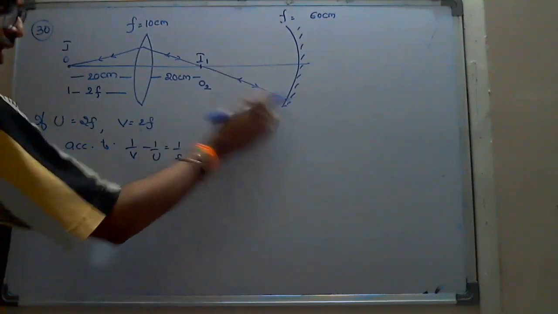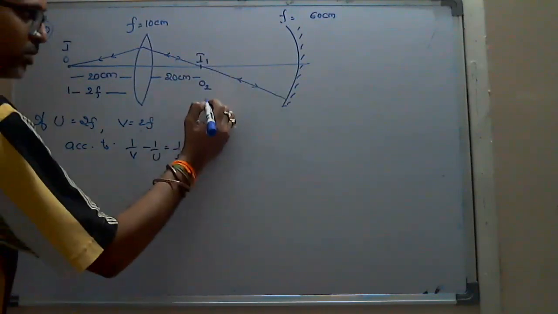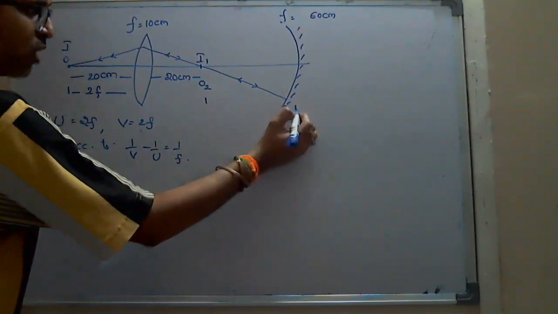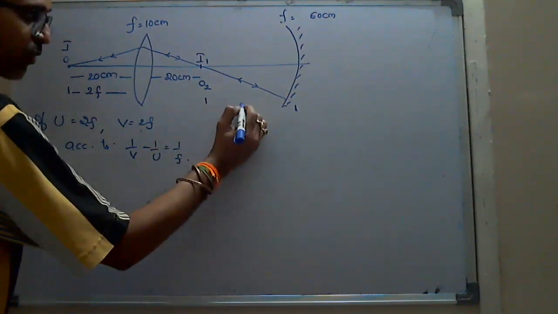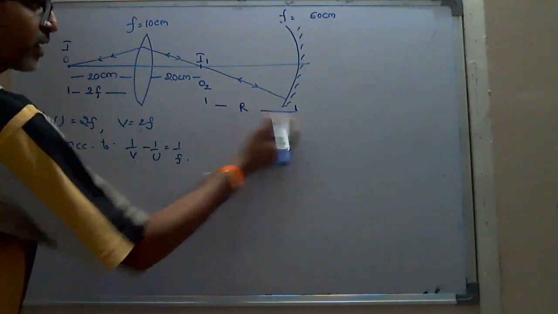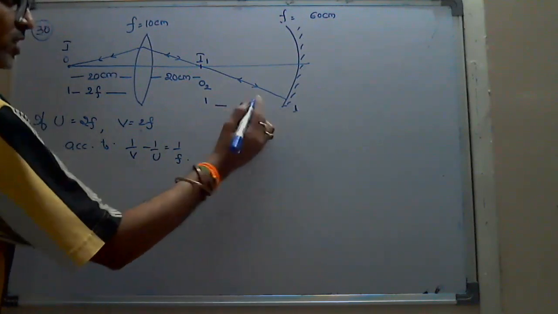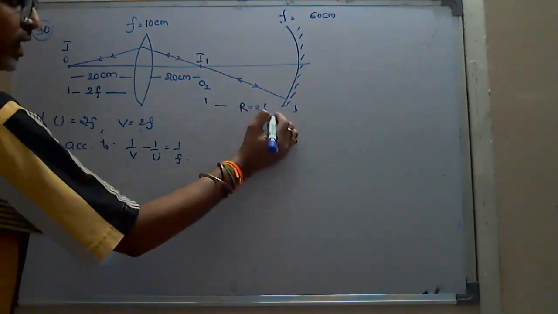Here the light rays retrace, which means the object should be at a distance of the radius of curvature of the concave mirror, which is nothing but double the focal length.